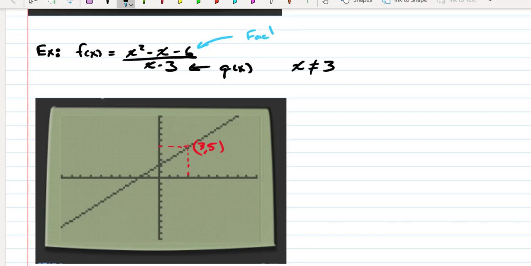If I were to factor the numerator, x squared minus x minus 6 factors into x minus 3 times x plus 2, all divided by x minus 3. Then what do we notice we have in both the numerator and denominator?